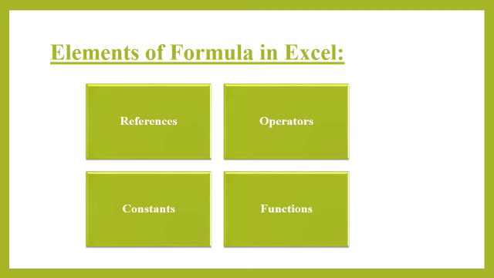Operators, symbols that we use for calculation purposes, that is addition, subtraction, multiplication, percentage, etc., children. Constants, numbers or text values that do not change. Functions, predefined formulas in Excel.